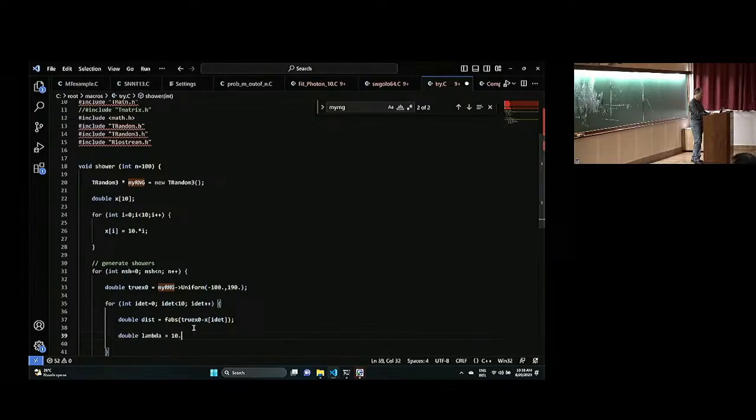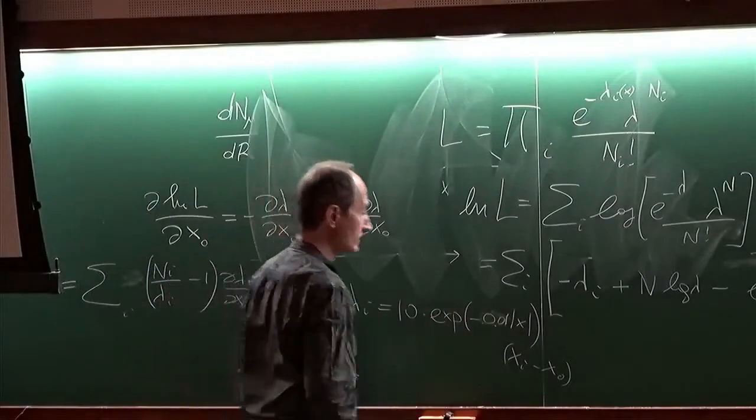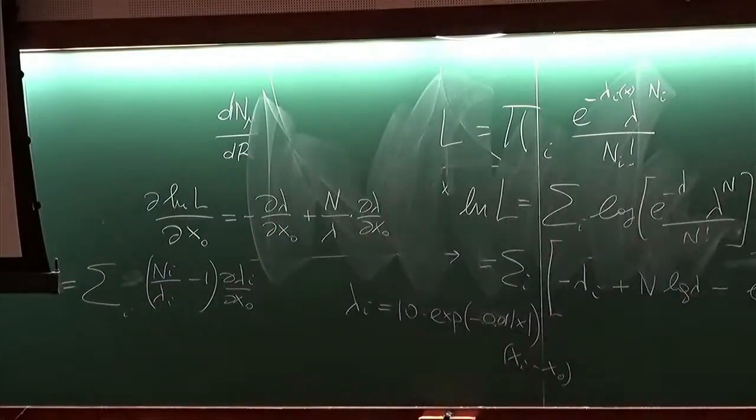And we said that our model is 10 times the exponential of minus 0.01, because this parameter is 0.01, since this x is measured in meters and we want to have a certain flux that goes down as we go to larger distances, times the distance. This is the lambda, this is the mean of a Poisson.